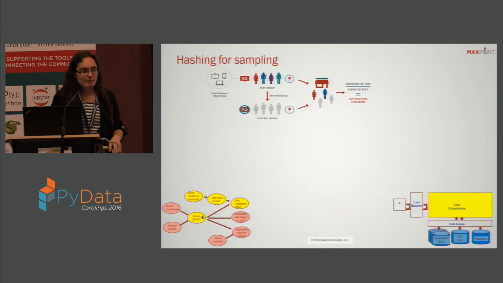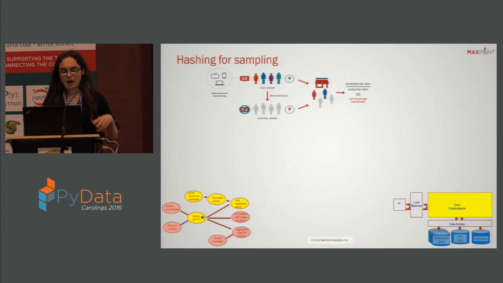So let's talk about a different type of hashing. We were talking about geohashing before, but this is hashing IDs for users. If we have a test group, we want to create a lookalike control group. We can score that control group on different metadata, and we can match it to the test group. But if we have a huge control user pool, we really need to do some subsampling, and that's where the hashing comes in.